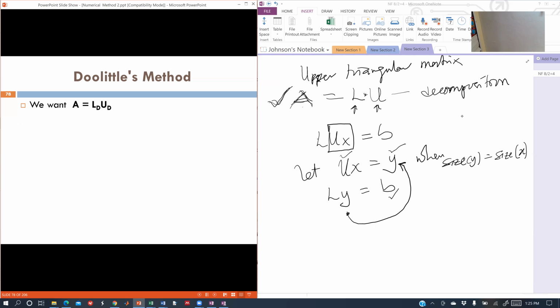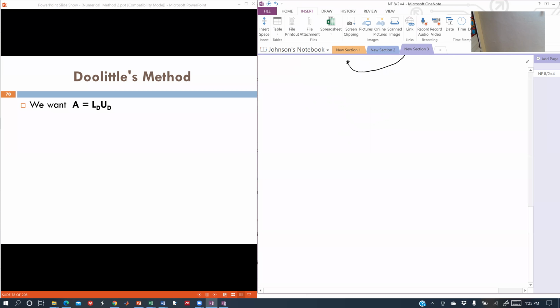So let's start with the Doolittle, which will be for this particular lecture. So the Doolittle decomposition, and then we continue on with the solution using the Doolittle decomposition method.